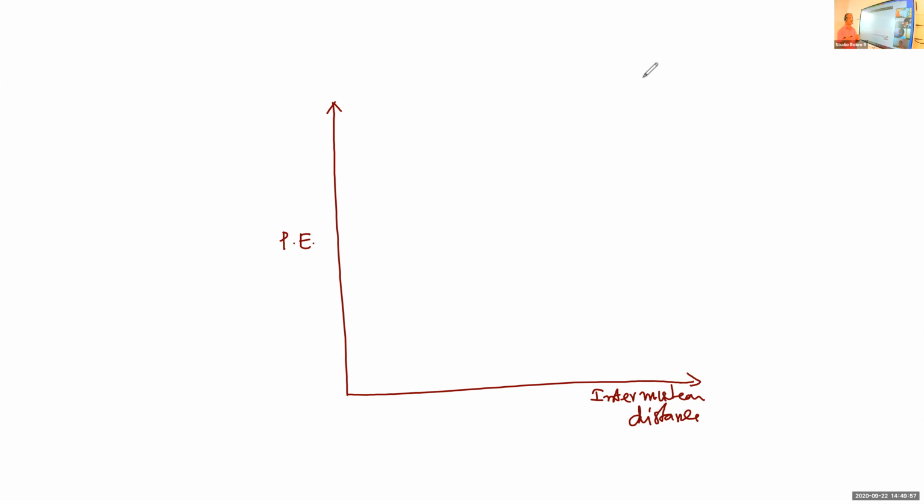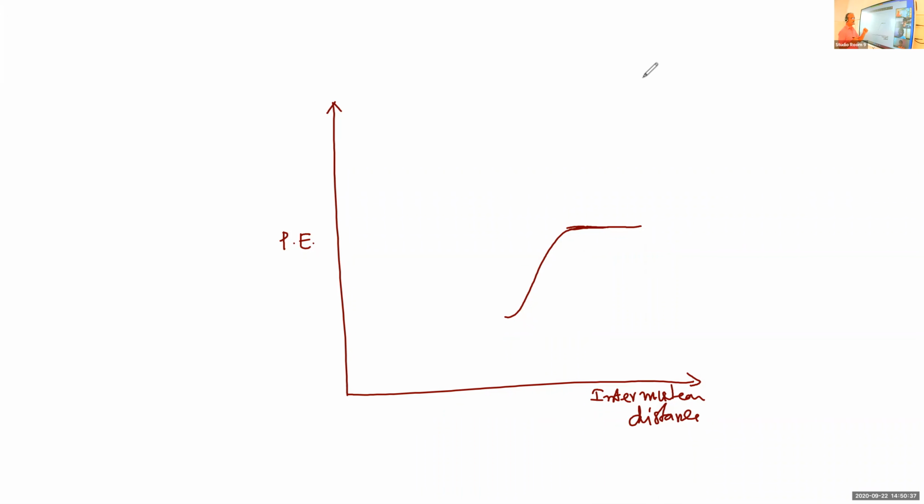Such atoms are coming closer. So at the beginning, the potential energy of the system is found to be, say, zero. There is neither attraction nor repulsion. But when the atoms are coming closer, that means the internuclear distance decreases, then slowly the energy of the system decreases, and there is a minimum energy condition.